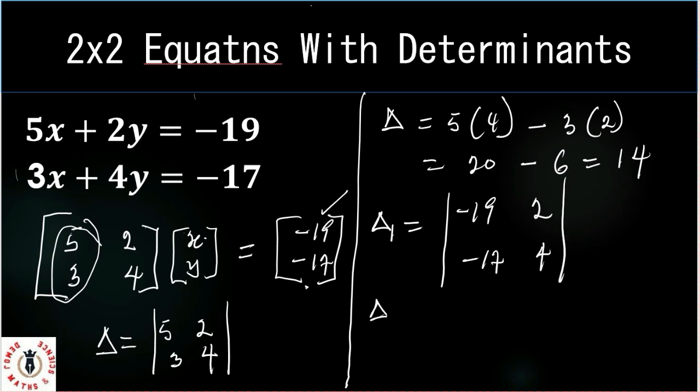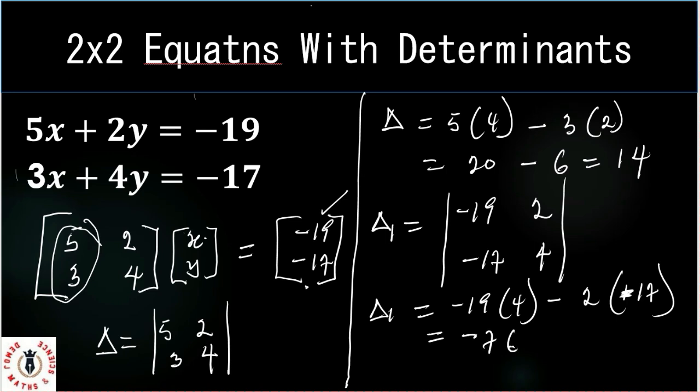So the determinant 1 will be the same thing as minus 19 times 4 minus, I'll now have 2 times minus 17. Now minus 19 times 4 is minus 76. Minus 76, and 2 times 17 is plus 34.